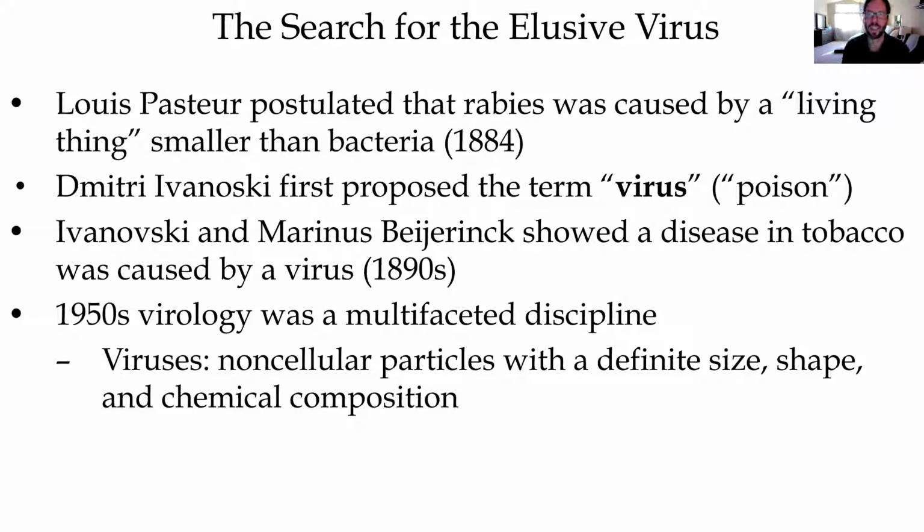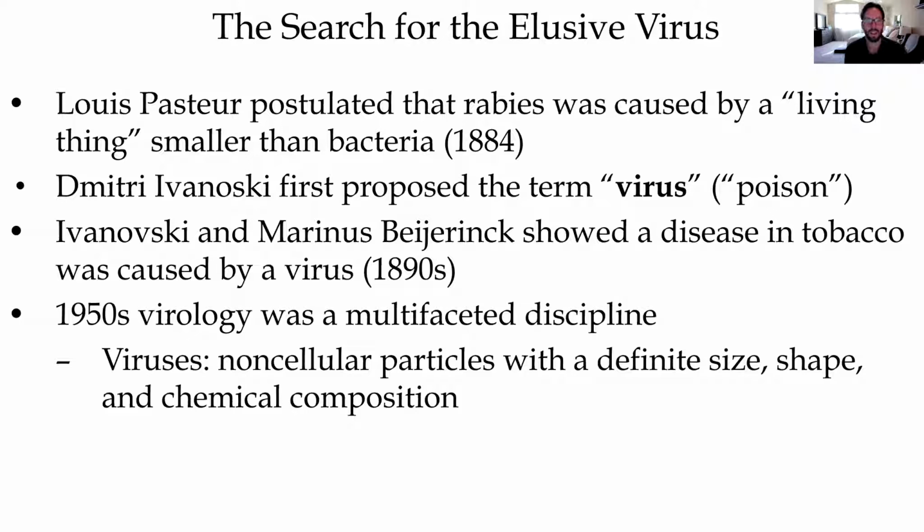So way back in 1884, there was this notion that something else must be out there that we cannot culture and see with our microscopes, because clearly these people are being infected by something. It's an infectious disease. They went through the Koch postulates, and we can't seem to find a bacterial cell. So it must be something smaller.